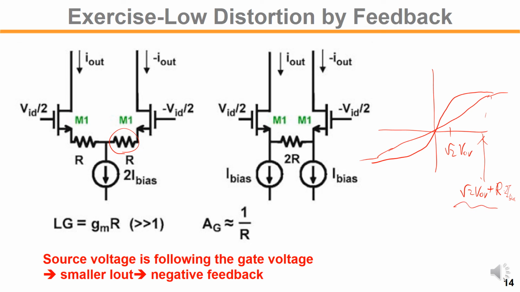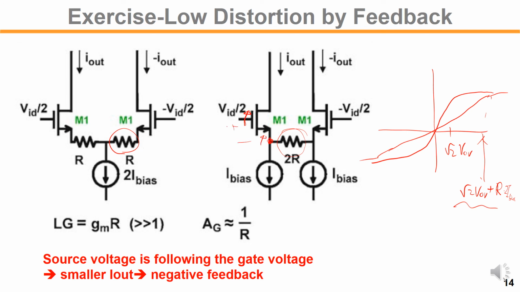For example, if your input goes up without the RS source degeneration resistor there, the source node voltage is fixed. But with the source degeneration resistor there, when the input goes up, the source will follow a little bit.